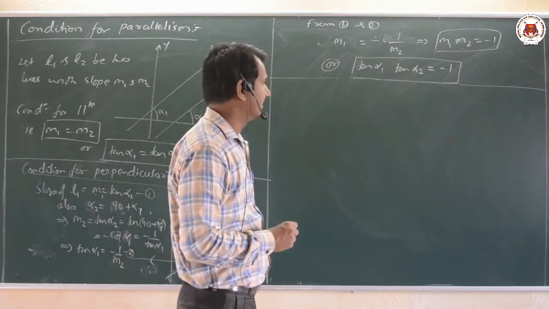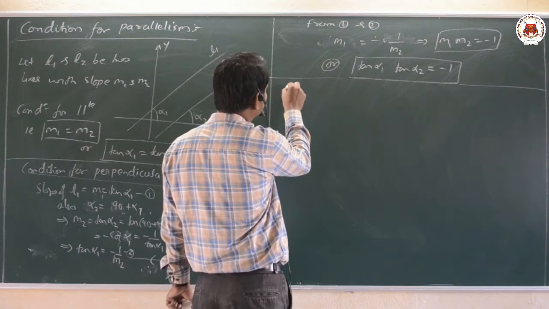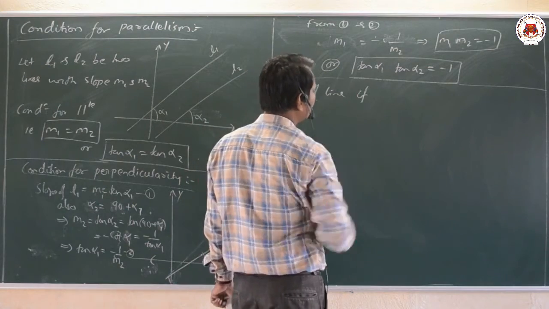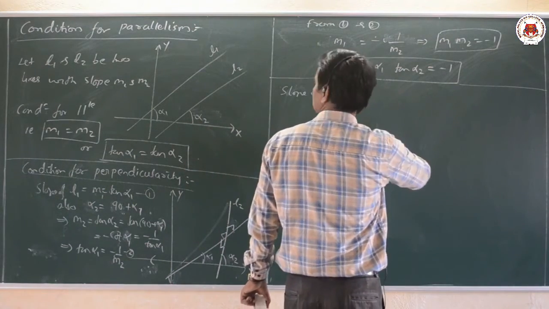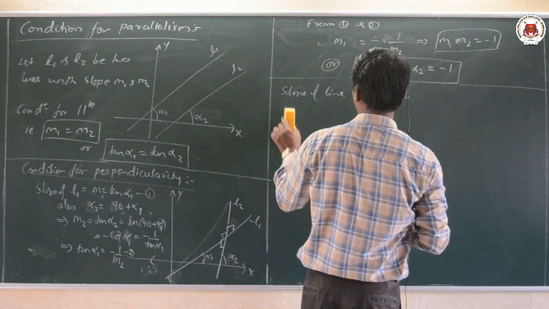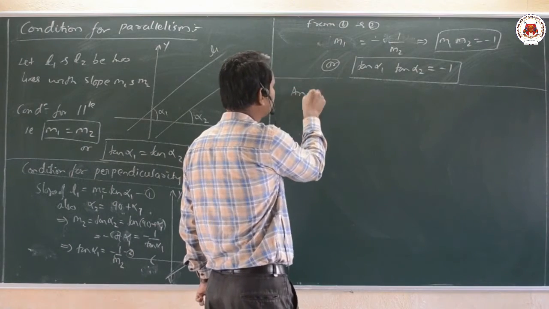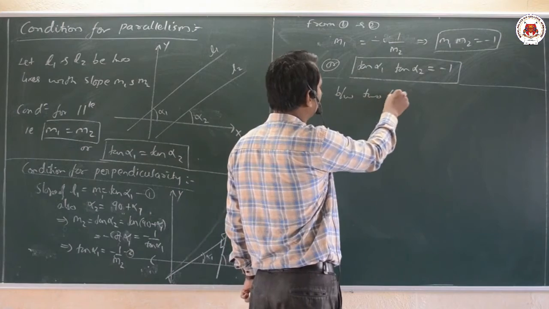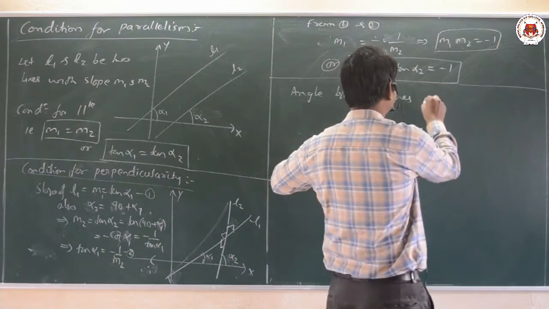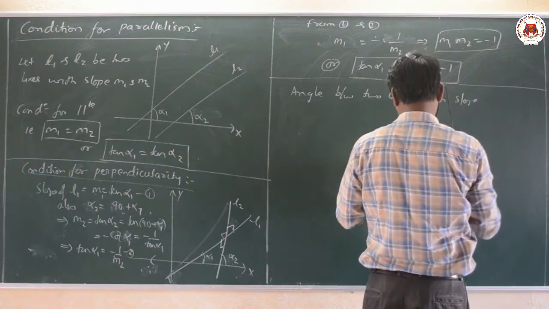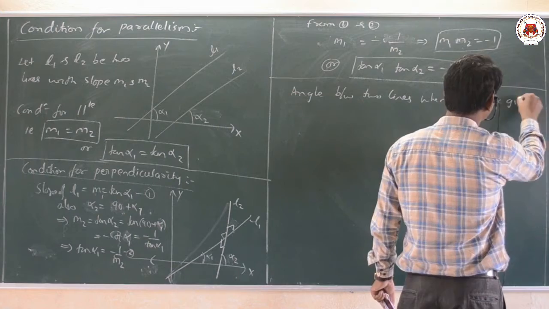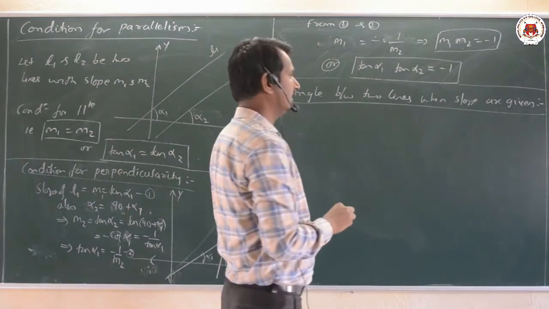If it is other than 90 degrees, that is, the angle between two lines when the slopes are given, when the slopes are given. This is the first point. This is one more very, very important derivation.